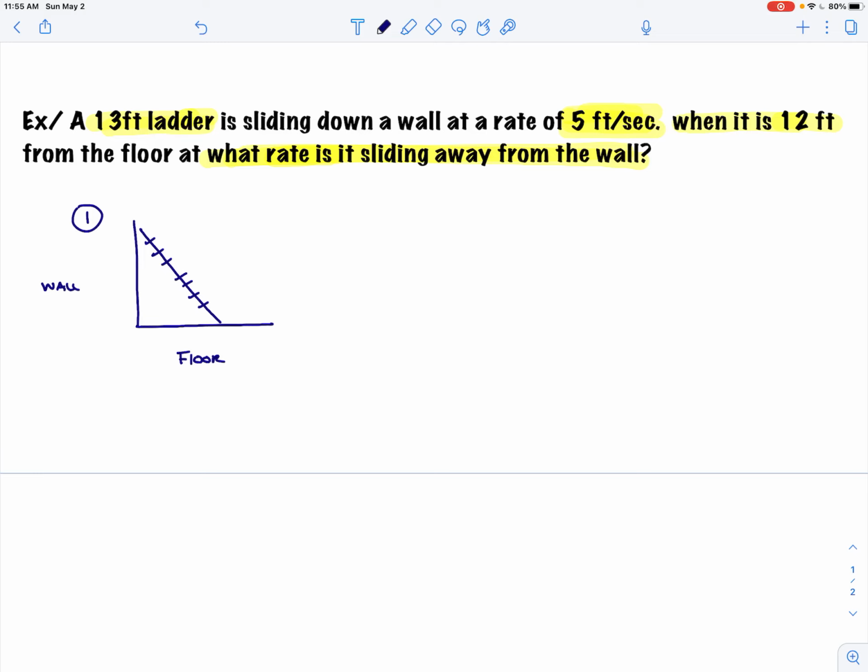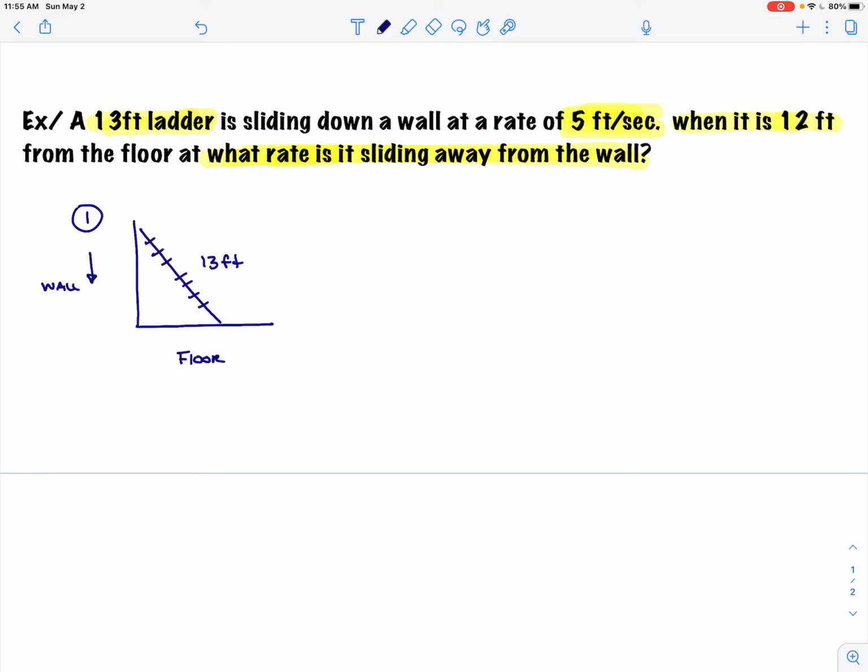Now what I want to do is label things that are varying and things that are not. Now, it could be an extension ladder, but it doesn't say that it is. So the ladder is 13 feet, and it's 13 feet for all time. I mean, it's not a variable. Anywhere in the video, the ladder is still 13 feet. Okay, and I'm just going to do some arrows to show what's happening.